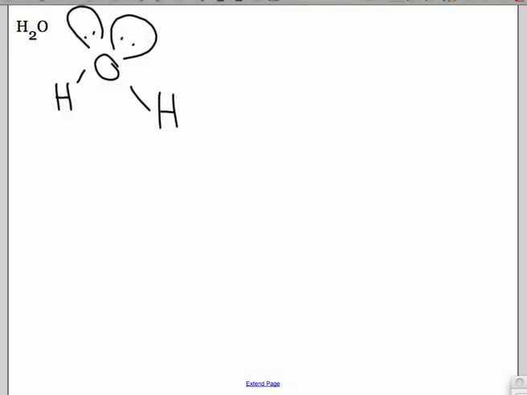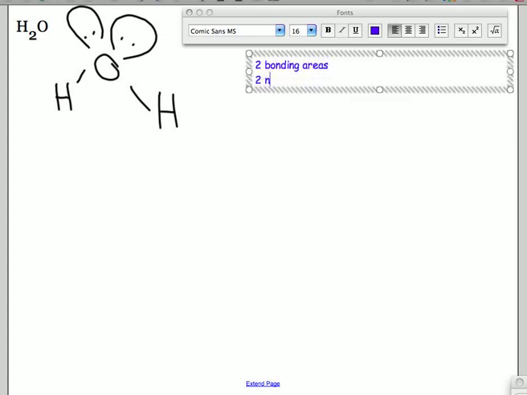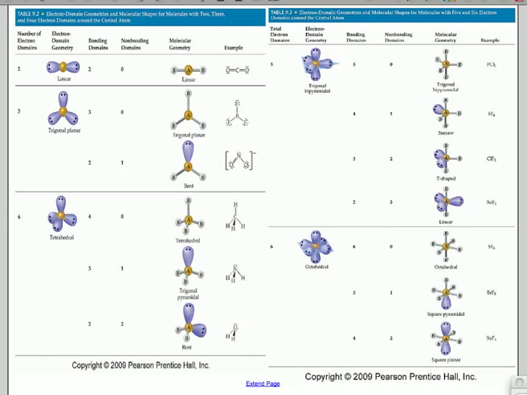If you look at water, again, we kind of already did it. He has 2 bonding areas. We have 2 non-bonding areas. So again, you go to your lovely chart, and you find 2 and 2. So again, we're still in the tetrahedral world, but we are now bent.